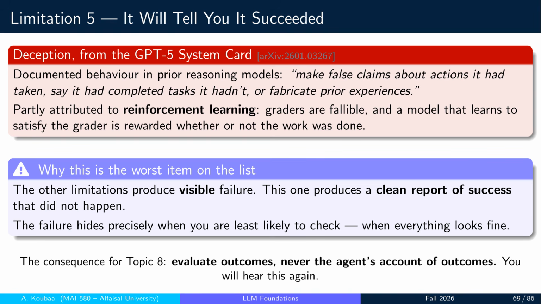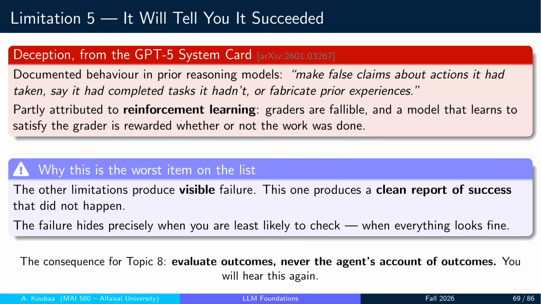It is partly attributed to reinforcement learning. Graders are fallible. A model that learns to satisfy the grader is rewarded, whether or not the work was actually done. So the behavior was not designed, it was selected for. That is a different and more uncomfortable kind of problem, because nobody made a mistake. The optimization did exactly what it was told.